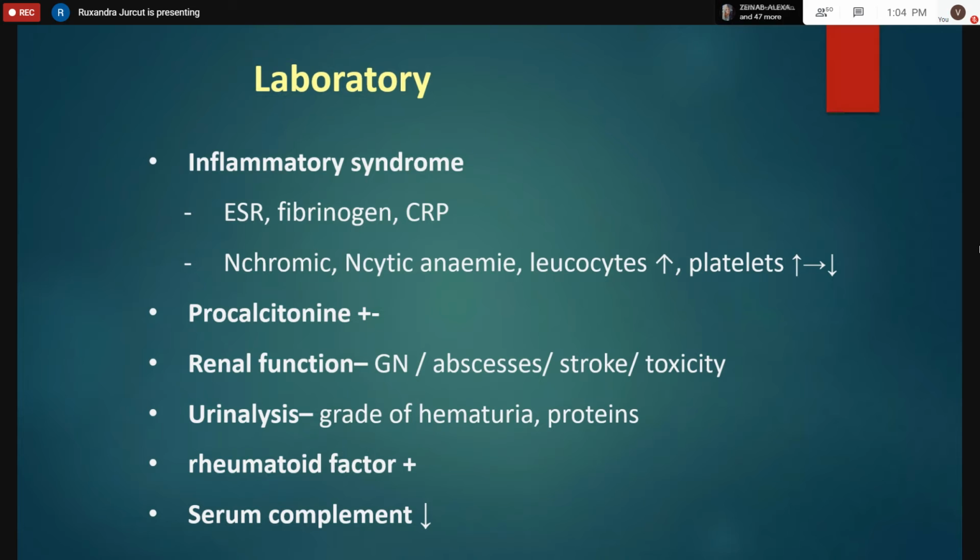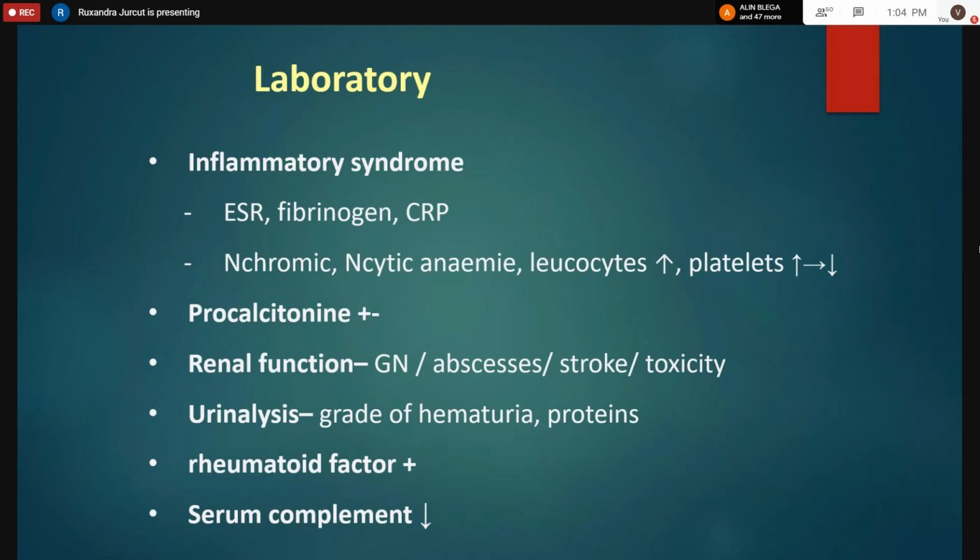The renal function might be normal, but if there was a renal infarct, a renal embolism, or if the patient received already antibiotics which give renal toxicity, like for example gentamicin, which is quite used in endocarditis, they might have renal dysfunction.